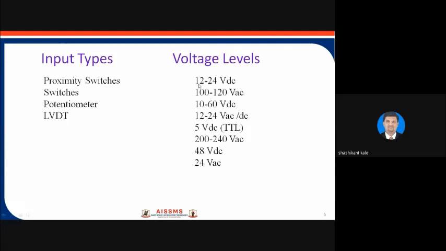AC also can be possible, or 12 to 24 DC also can be possible. So these are the switches in these ranges. If it is giving the value equal to 0, that means it is the 0, and if it is giving some voltage based on the features we are available with it, that is being considered as 1.